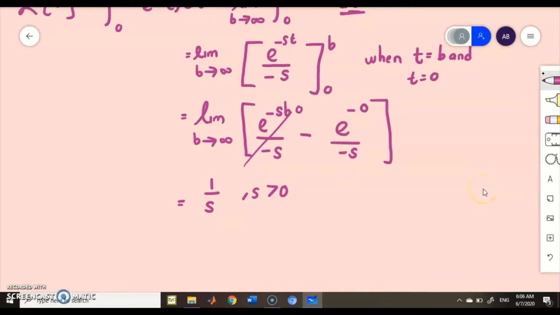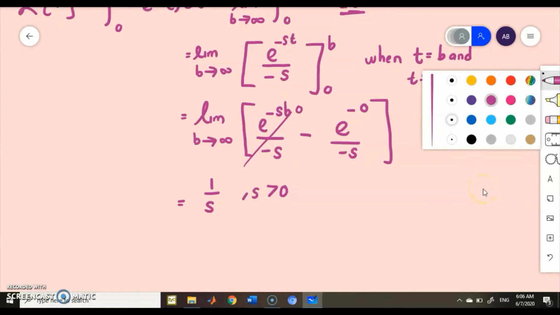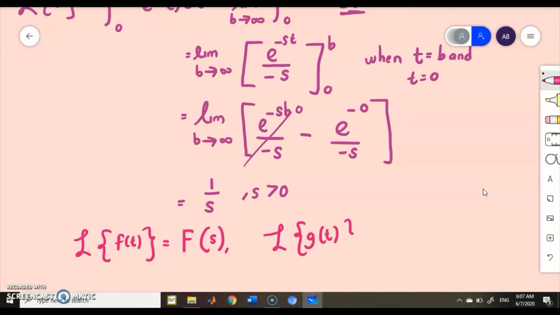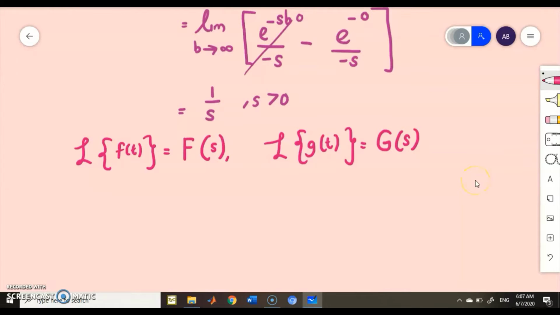Let's consider the notation. The Laplace of f(t) gives big F(s), the Laplace of g(t) gives big G(s), and the Laplace of y(t) gives big Y(s).